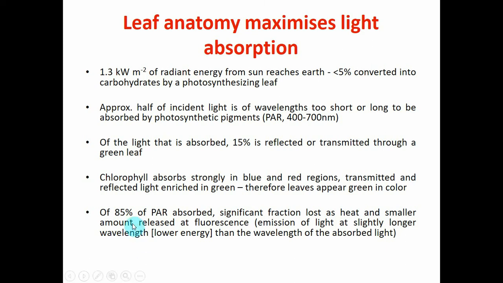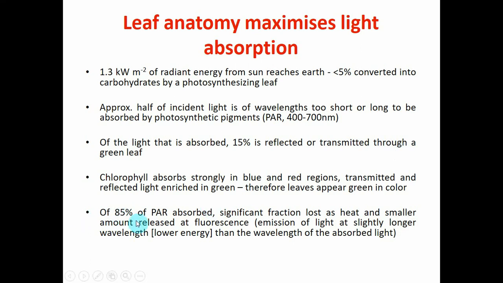Of the 85% of photosynthetically active radiation that's absorbed, remember we've spoken, not all the energy that comes from the sun, less than 5% is photosynthetically active radiation, and of that 15% is reflected or transmitted as green.